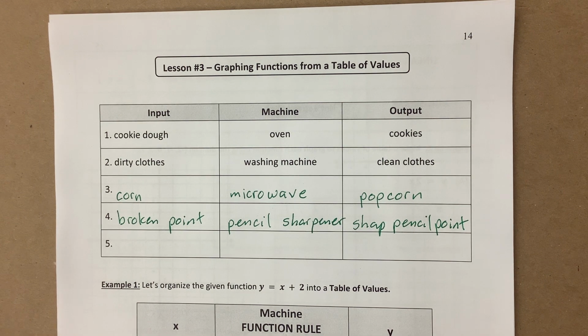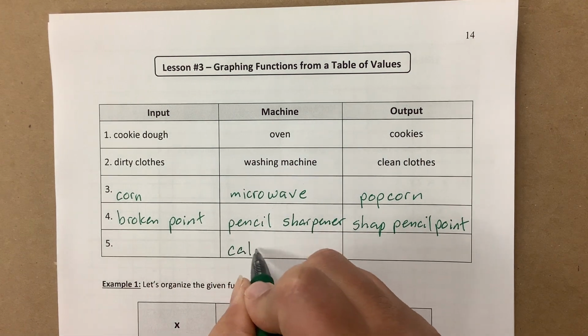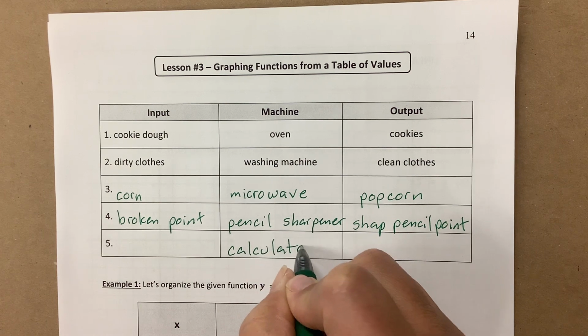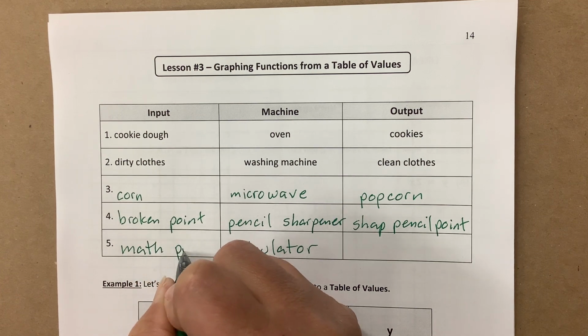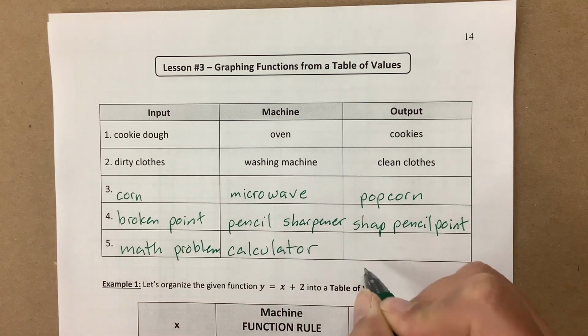I really would like you to think of your own example and not use my example, but I know that's not gonna happen. So let's think about an example. Write your own example down. Come on, you can do it. I have faith in you. No? All right. How about a calculator? You put in a math problem, and it gives you a solution.